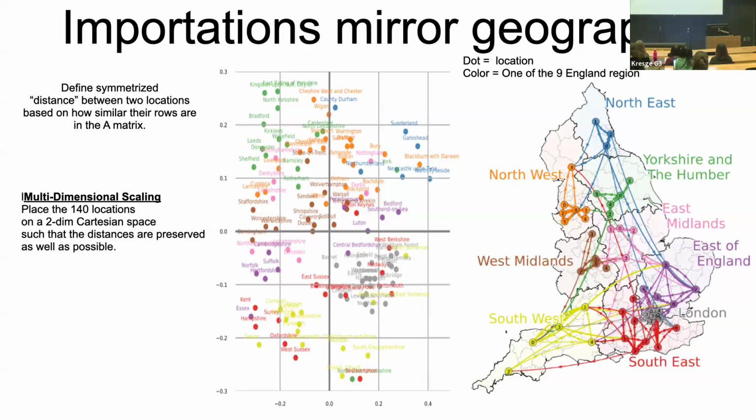All right, I don't have much more time, so let me be quick here. This is just another way to show that really geography is encoded in this matrix. You can embed this very high dimensional matrix into just a plane using multidimensional scaling.